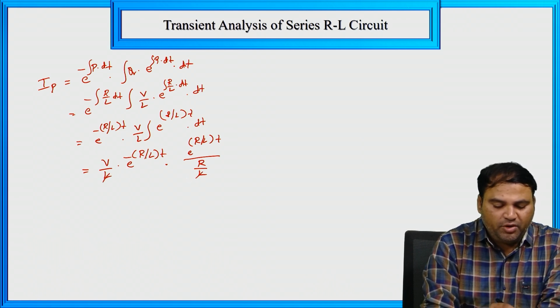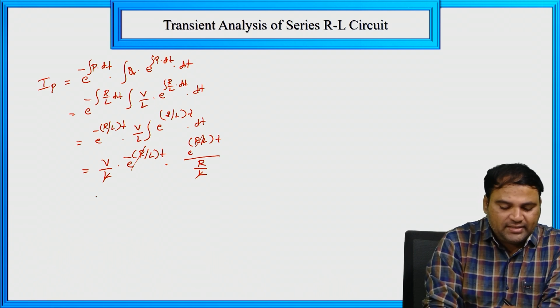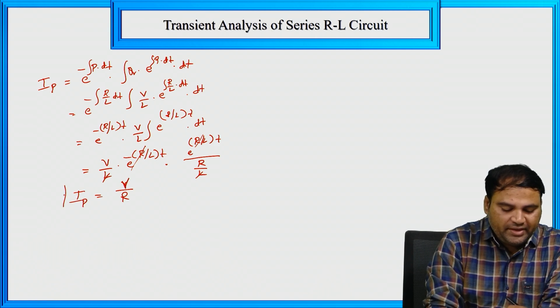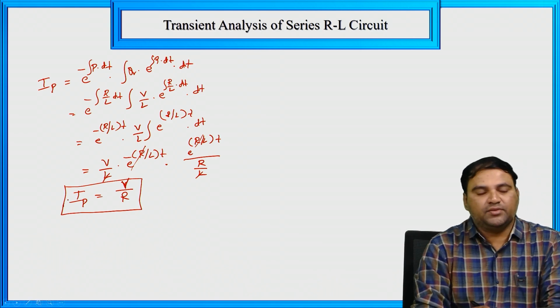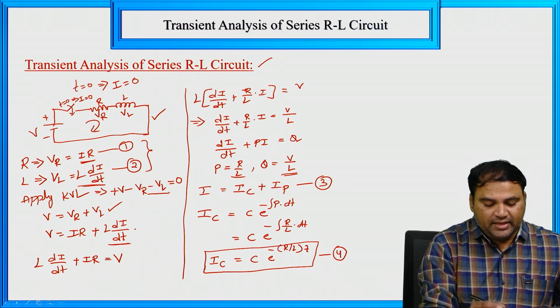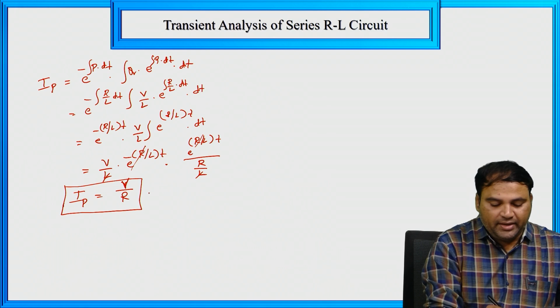So e to the power of minus R by L t and e to the power of R by L t get cancelled. So here we'll get V divided by R. So this V divided by R is the particular integral equation. Let us take this equation as 5.